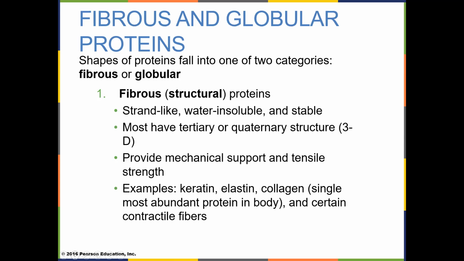The woven strands side by side by side by side. That's what fibrous proteins are like. Muscle cells are like that. Most of them are either going to be tertiary or quaternary.